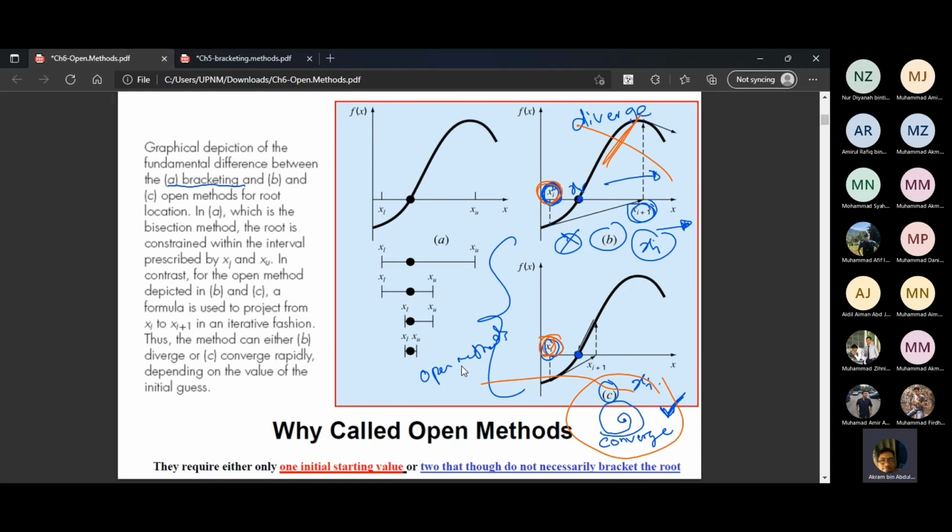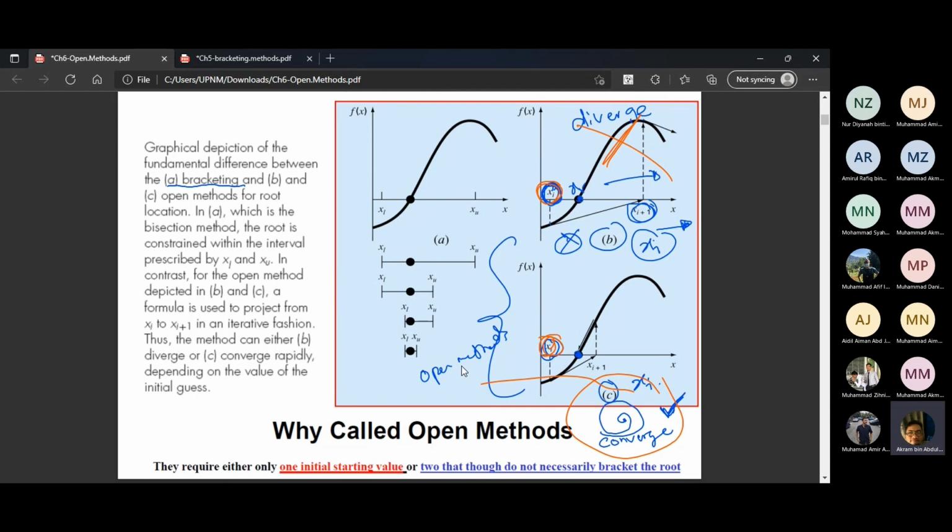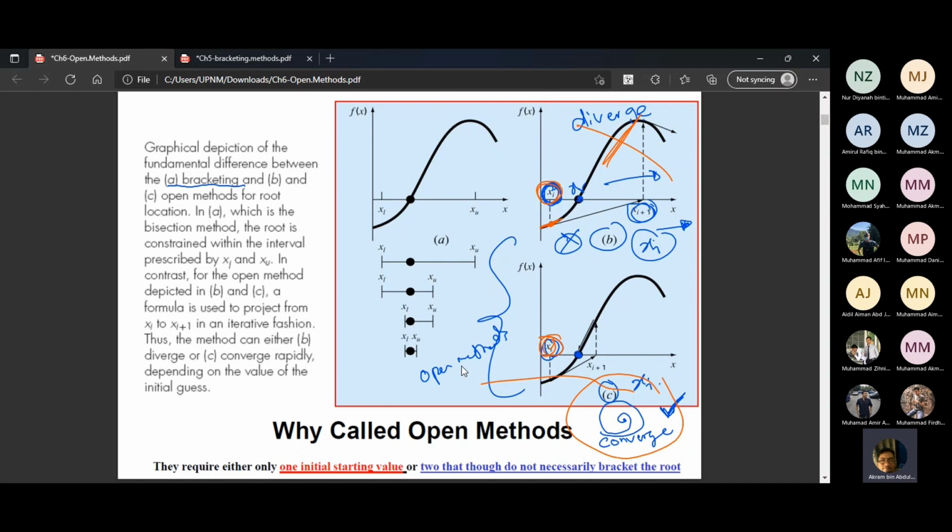Okay, kenapa ini boleh berlaku? Okay, kita kena ingat when we do open methods, bila kita tengok each of methods that available, so we will start off with fixed point iteration. We actually, bila kita ambil satu titik xi ni, kita akan cari dia punya berapa kecurunan kat sini. And then kita cari dekat mana dia akan cross dekat axis x.